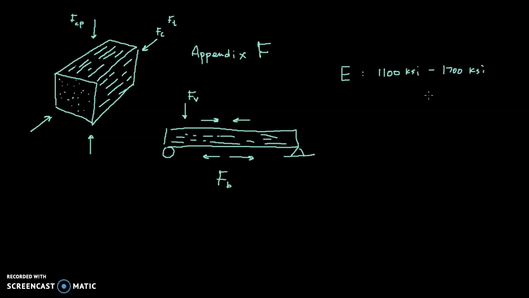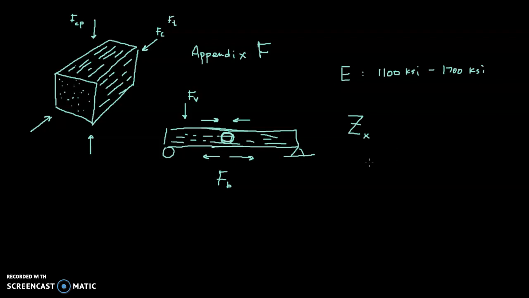The other thing that makes wood quite a bit different than steel is that in steel we use the plastic section modulus, and the reason for that is that when the stresses in the top fiber and the bottom fiber get to the yield stress in steel, you've still got all this material in the middle that hasn't failed yet.